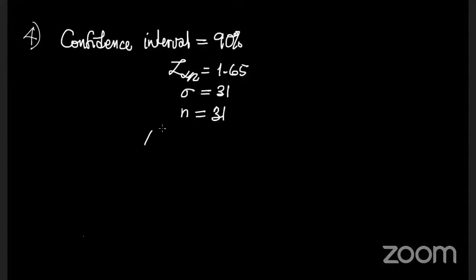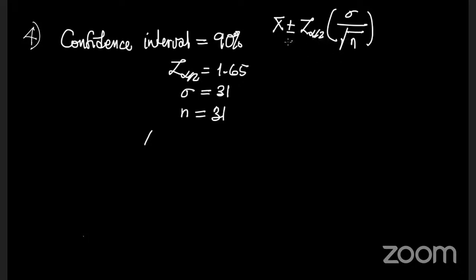First of all, remember the formula we wrote earlier, where to the left we have the mean minus the z-score times the standard deviation over the square root of n, and then plus or minus. So we do the negative, then we do the positive. We subtract and then we add.